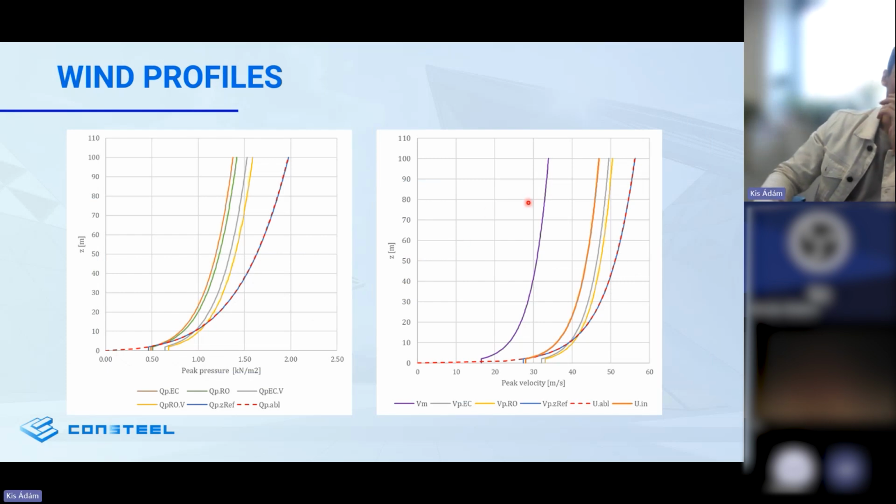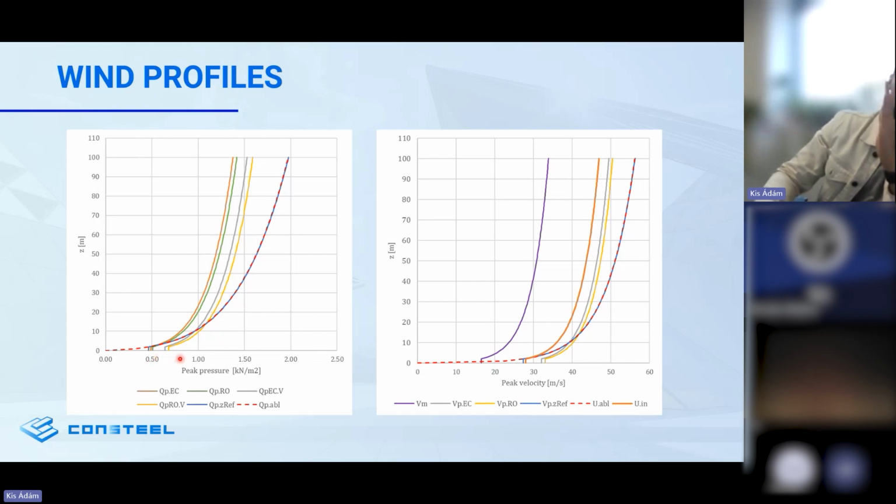Okay, regarding the wind profiles, just really quickly, because you can read about this in our knowledge base materials. Just one thing I would like to highlight is that in the standards, we have this QP Eurocode profile, let's say, the orange one, which we would also like to mimic at the windward side of the building.